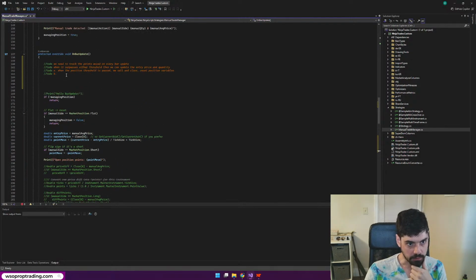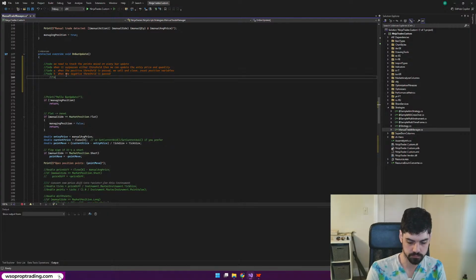But then the other option is when the negative threshold is passed. The way I was thinking about it is it's going to have like a tiered system.